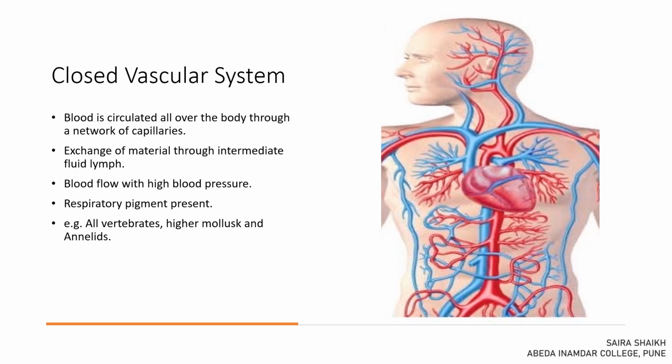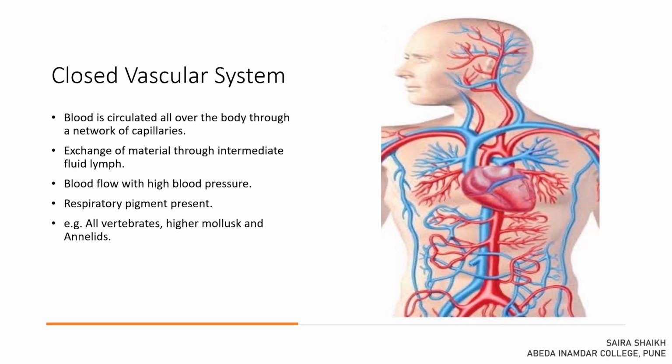In all vertebrates, in higher annelids, and in mollusks, a closed vascular system is seen. Students, look at the figure. In a closed vascular system, the blood vessels form a network of capillaries. The blood flows through the blood vessels and does not come out.